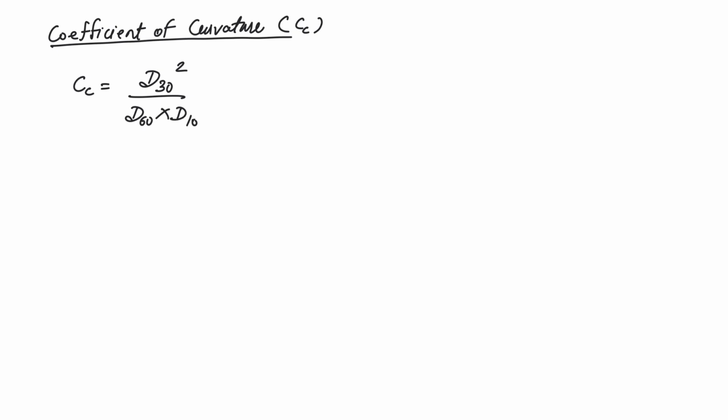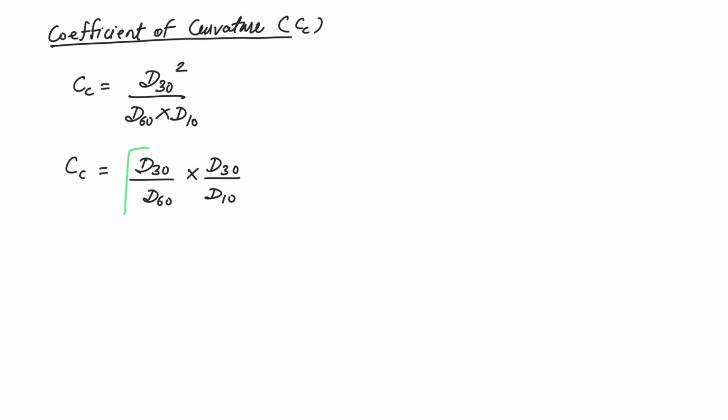And yes, if you want to understand this, it can be written down as the product of two ratios. The first ratio is D60 upon D30 and the second ratio is D30 upon D10. Now please understand, as you already know, the value of D60 will always be more than D30 and D10 will be the smallest.